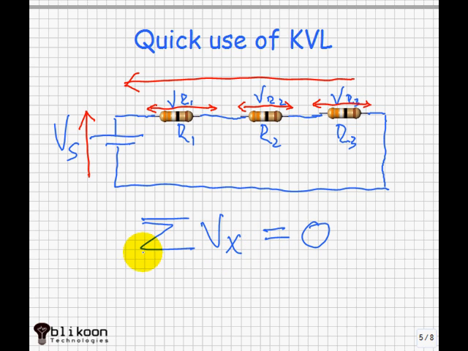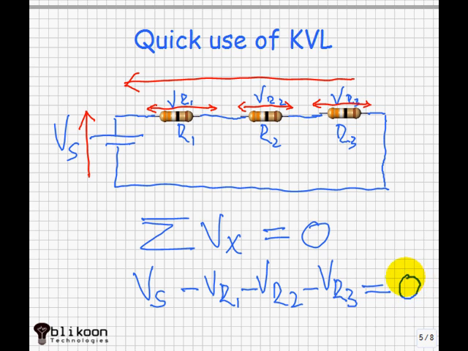But when making our sums, Vs is positive, and the voltage drops across resistors are negative. So we can write Vs, which is positive, minus Vr1 minus Vr2 minus Vr3 equals 0.